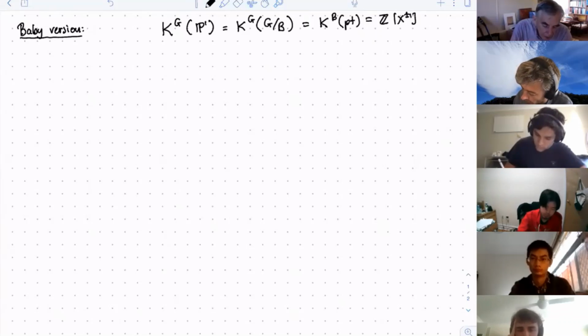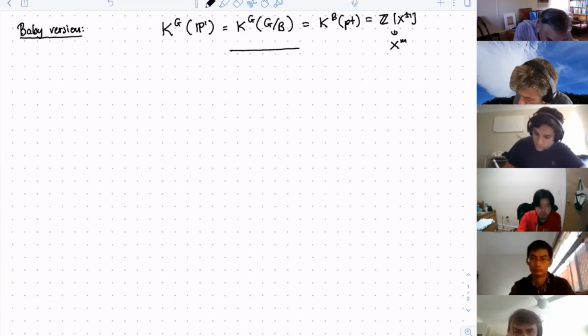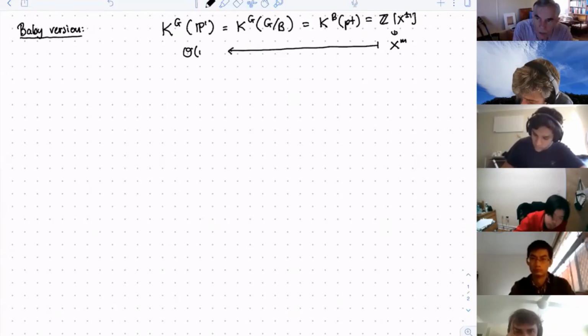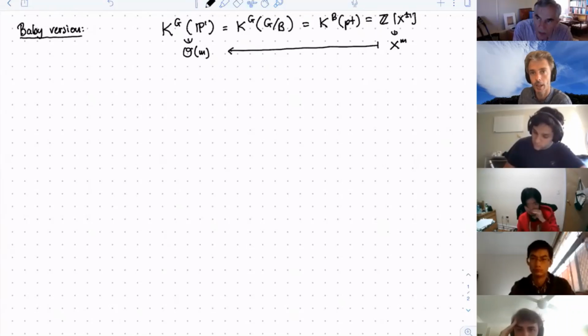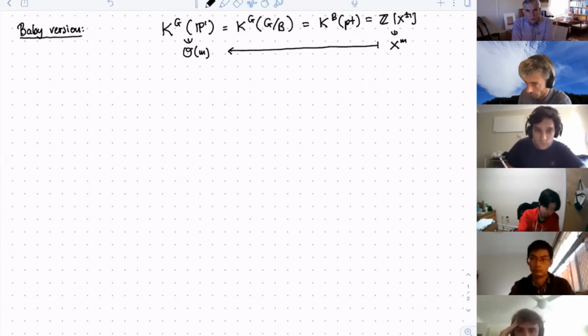And this isomorphism sends x to the m inside here over here to what we call O(m). The line bundle O(m) on P1 has a unique G-equivariant structure, and this determines this isomorphism. And we will use this isomorphism from now on without making a big deal of it.